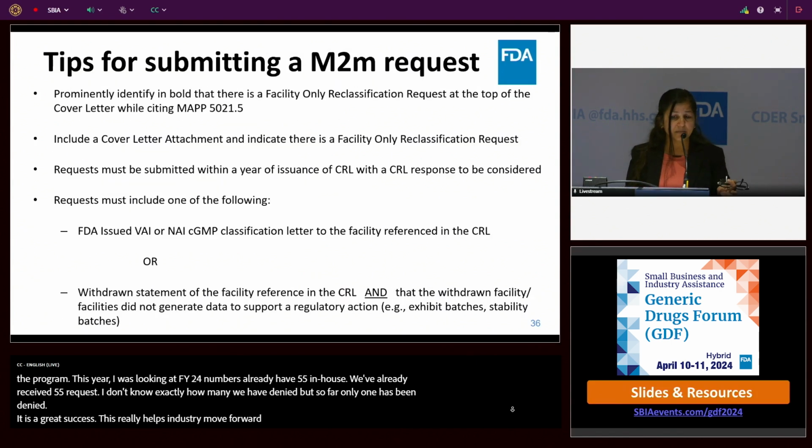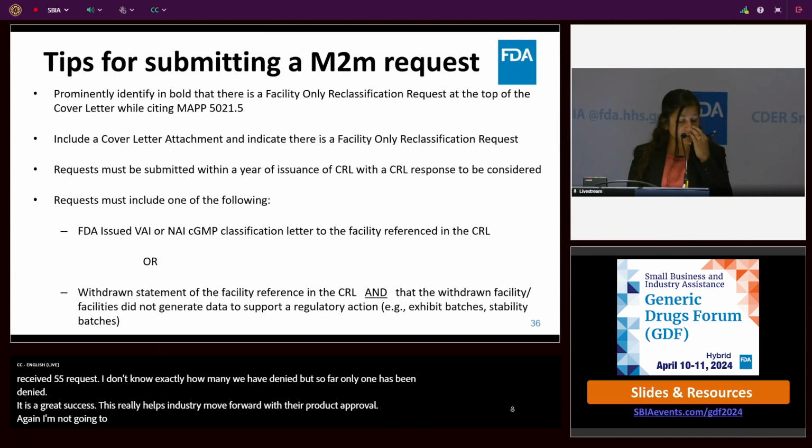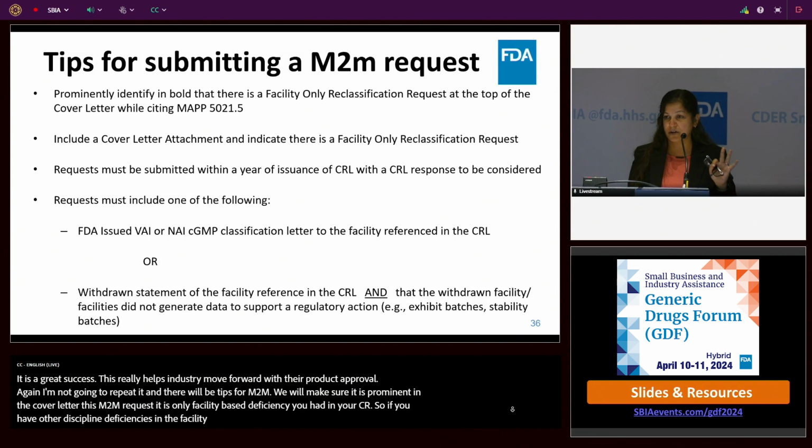Again, I'm not going to repeat it, but I already gave tips for M2M, so you will have this slide. Make sure that it's prominent in the cover letter, this M2M request. It's only a facility-based deficiency you had in your CR. If you have other discipline deficiencies and the facility became VAI, please do not submit. Your request will be rejected.